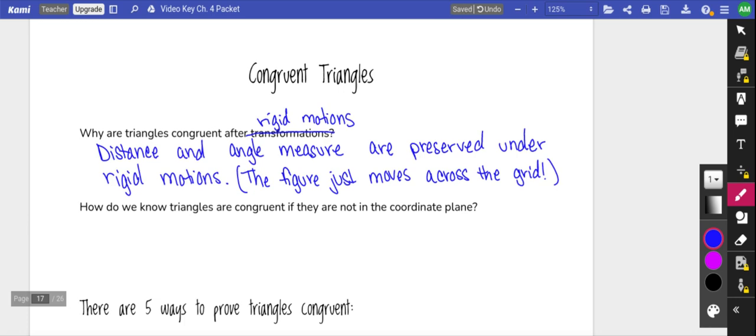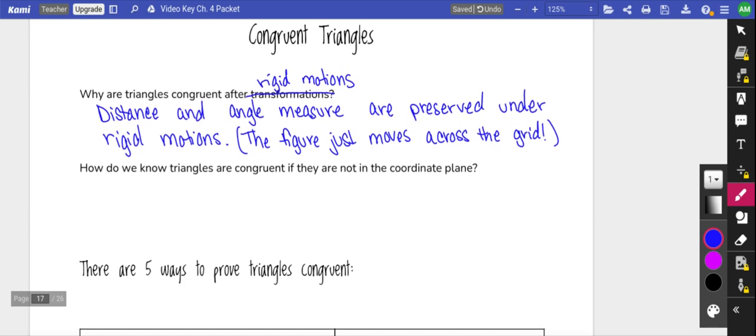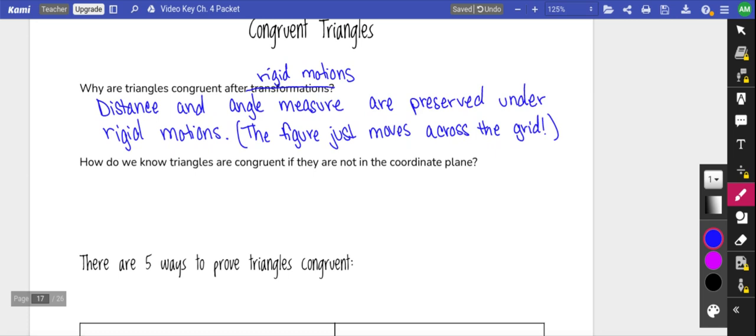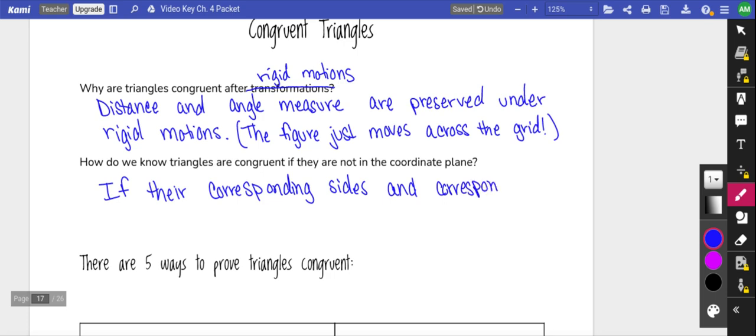So now we're going to figure out, how do we know if triangles are congruent when they're not in the coordinate plane? And the way that we're going to determine this is if their corresponding sides and corresponding angles are equal in measure.